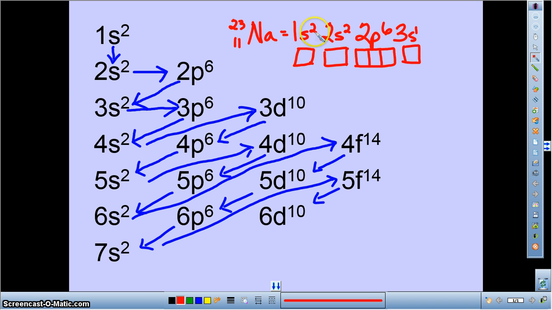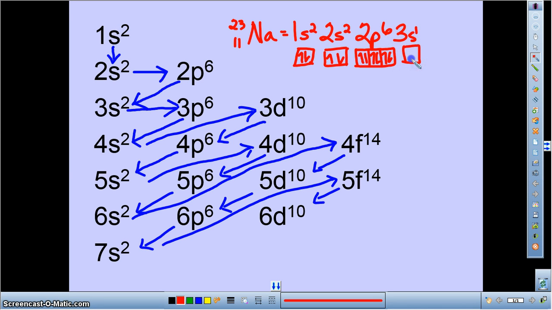All right, so we have 2 electrons. So we're going to have an arrow up and an arrow down to represent 2 electrons in this orbital with opposite spin. The same thing for the 2s. Arrow up, there's 1. Arrow down is 2. For the 2p, we have a full house again. So we have arrow up, arrow down, arrow up, arrow down, arrow up, arrow down.